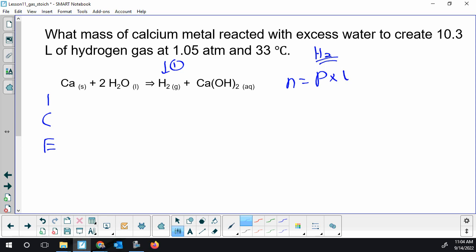Pressure times volume over R times T. The pressure took the most work to solve here. The atmospheres had to get converted to kilopascals. So when I did that conversion, I got 106.4 kilopascals. Volume was 10.3 liters.